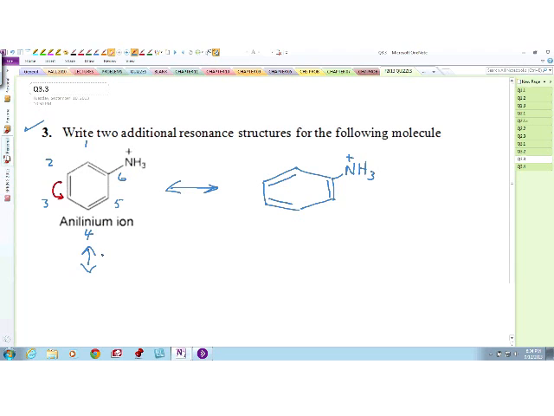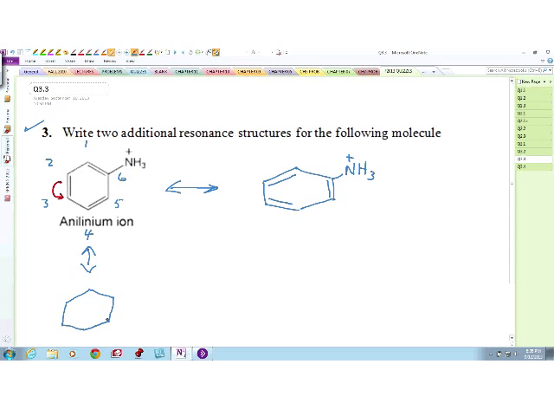Remember, I told you to give me 2. I could have told you to give me more than 2. Okay, so this would be a resonance structure. Keep in mind, what are you doing for resonance? Moving pi electrons or non-bonding electrons. That's all you're doing.